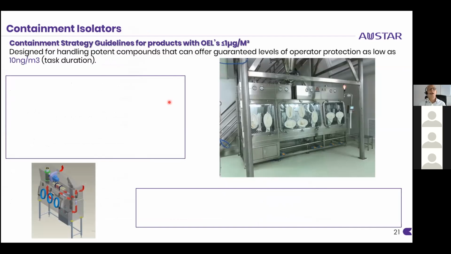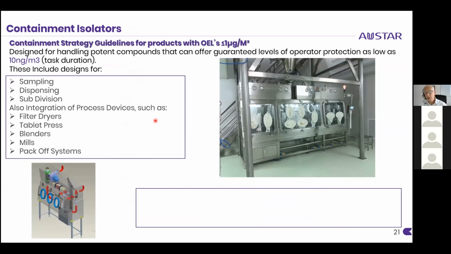We can design, and we have designed, down to 10 nanograms over the task. That's very tiny levels. These include designs for sampling, dispensing, subdivision, and also an infinite integration of process devices can be accommodated for. Those are a few of many.